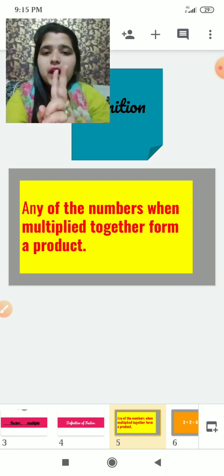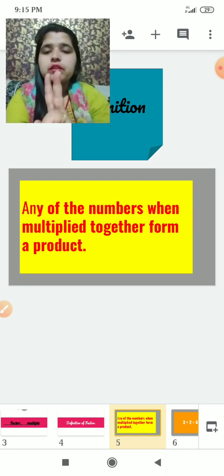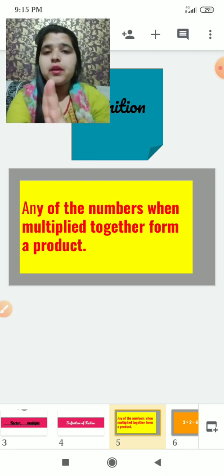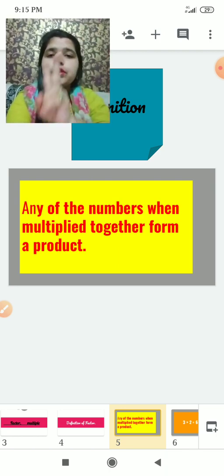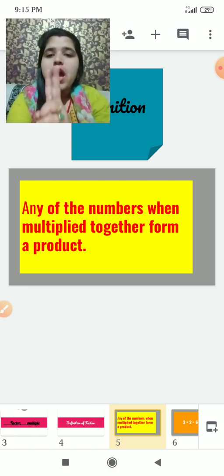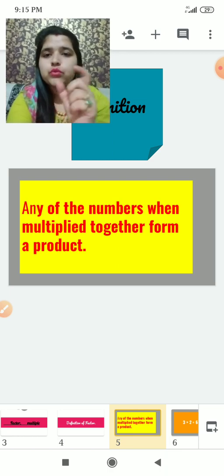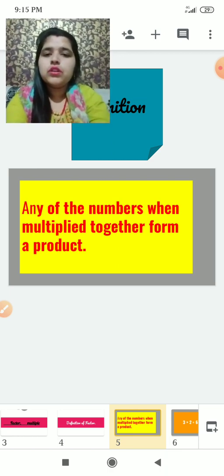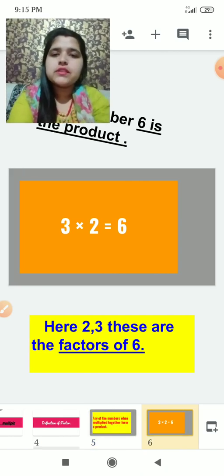When we multiply any two numbers together, they form a product. You can take any two numbers, and when you multiply them you will have a product. So that will be known as a factor.